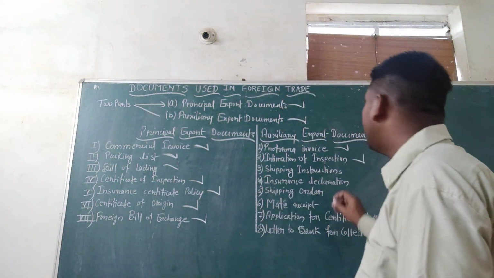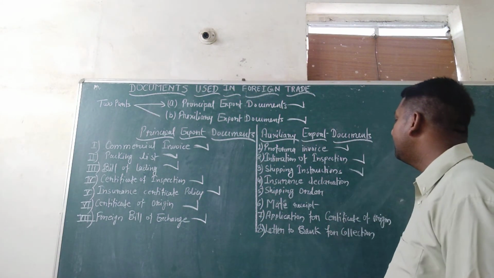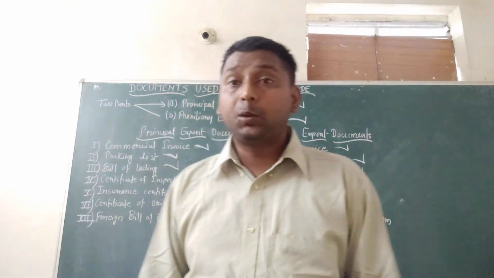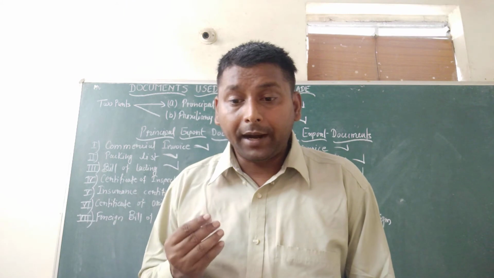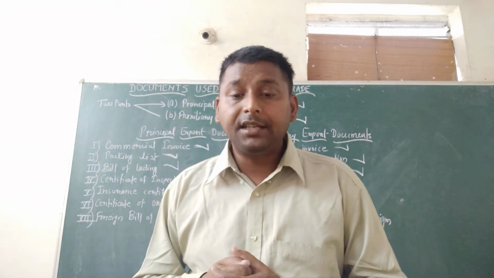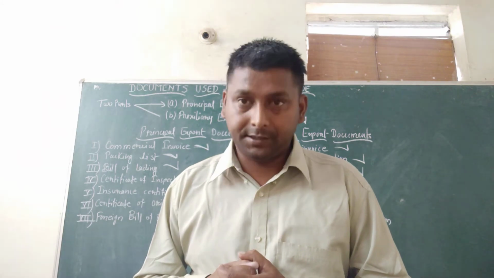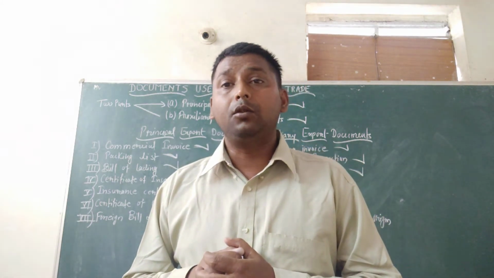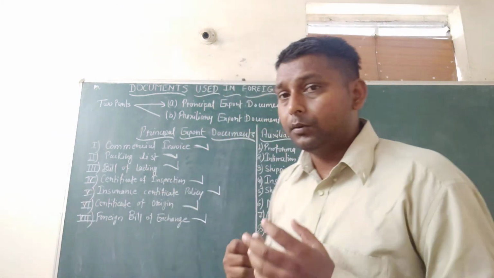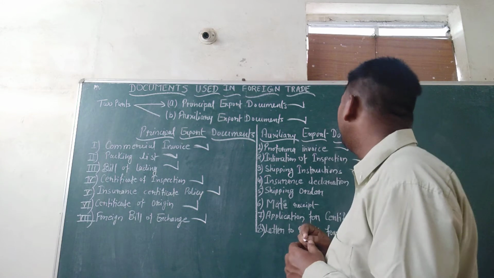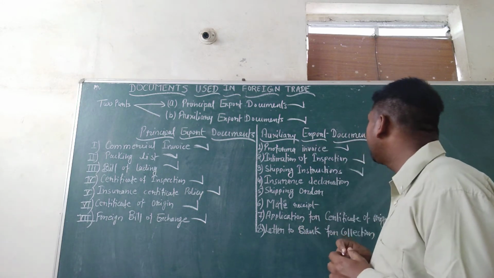Then next point, shipping instructions. The exporter provides various instructions related to the export of goods to the shipping company on this document. That is why shipping instruction comes under auxiliary export documents.